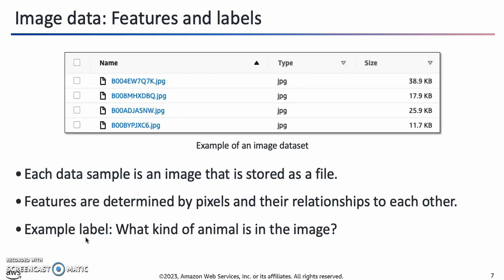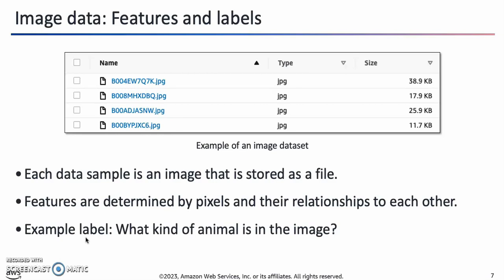So when you produce a photo with a device like a smartphone, that usually is stored into a file. And what you see on this slide in the middle column, the extension JPEG, JPG is a common type of file extension for an image.